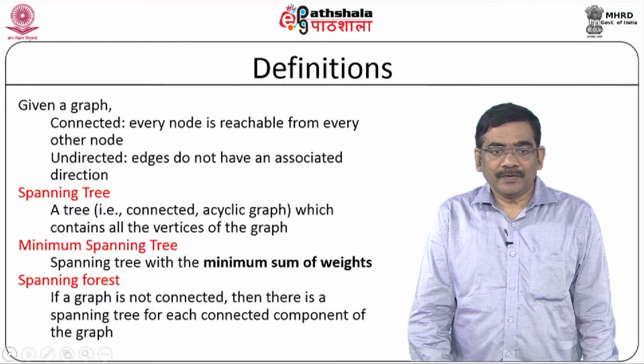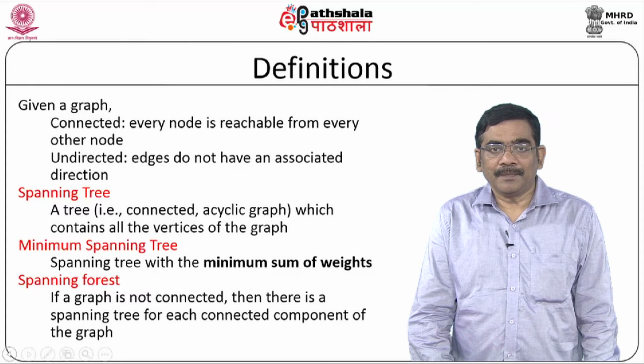So, the objective of the minimum spanning tree is very simple. We will find a spanning tree with the minimum sum of weights. In other words, the input for the spanning tree algorithm is a graph.